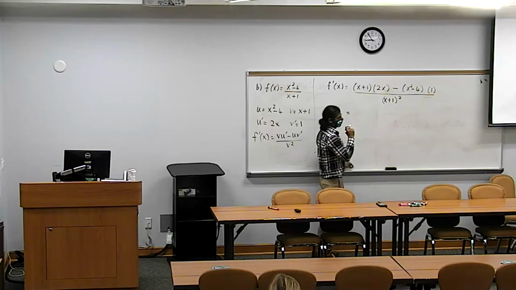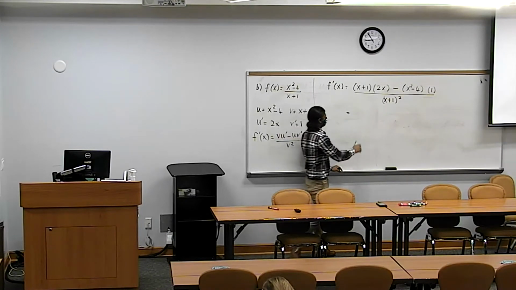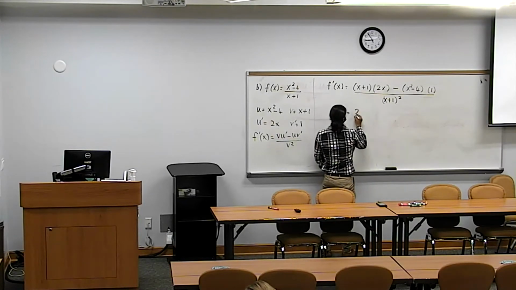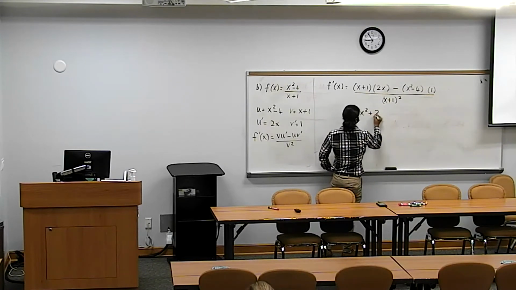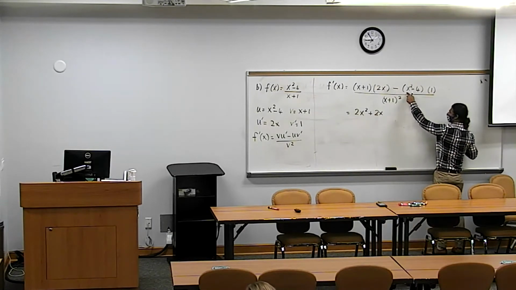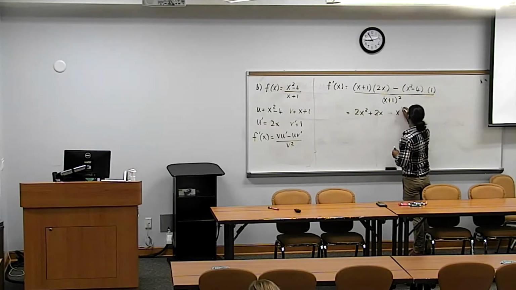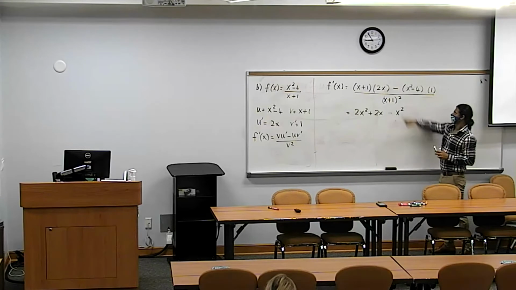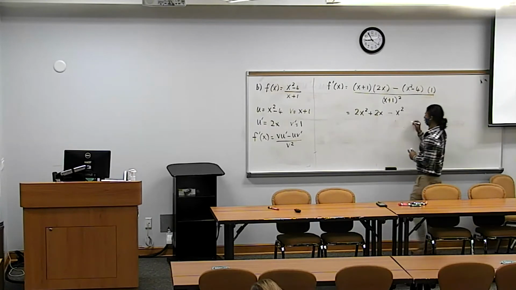What is the next step? We should try and distribute and simplify. 2x times x is 2x squared. 2x times 1 is 2x. Minus x squared multiplied by 1, we have minus x squared. Negative times negative 4 is positive 4, multiplied by 1, we have positive 4.